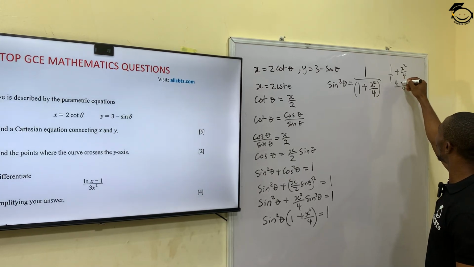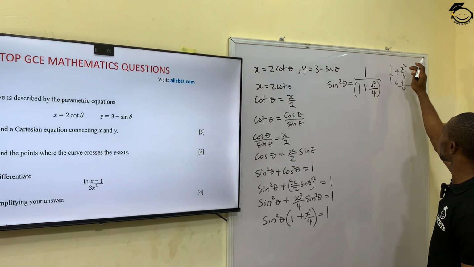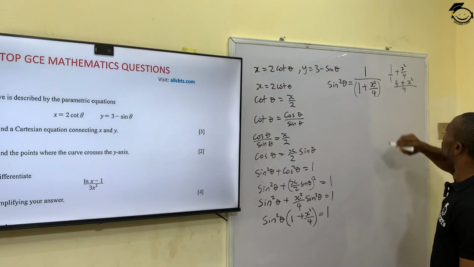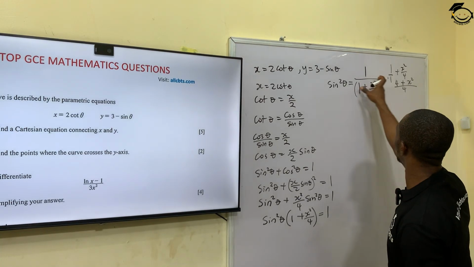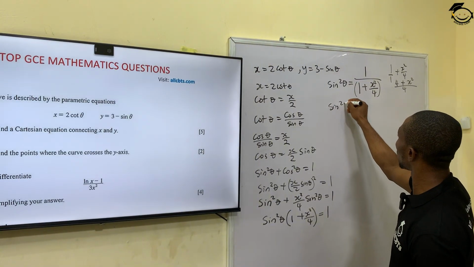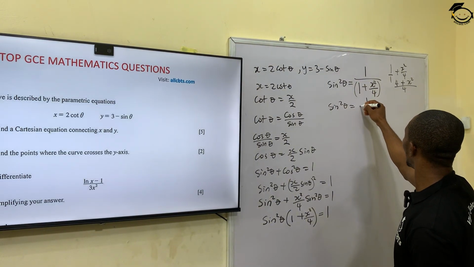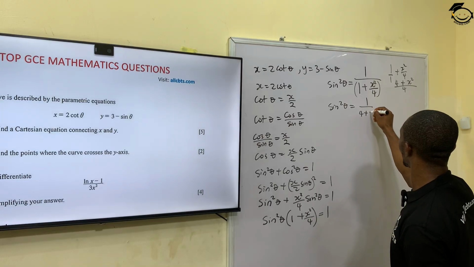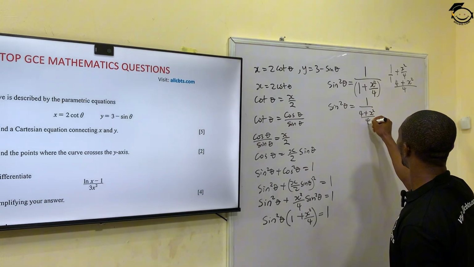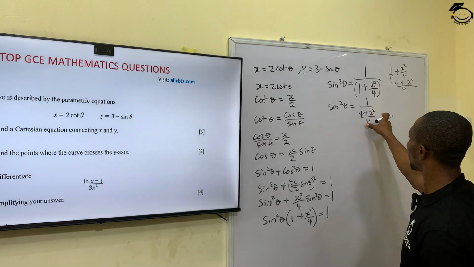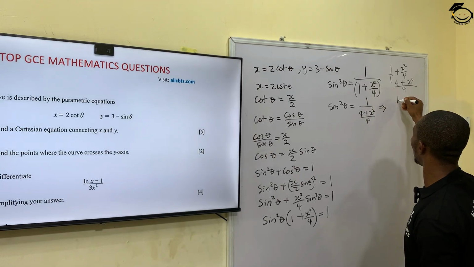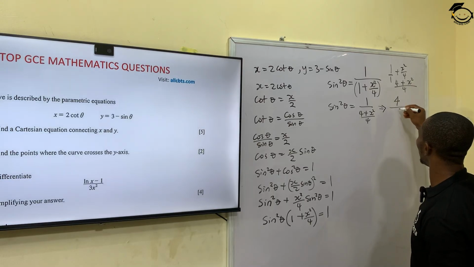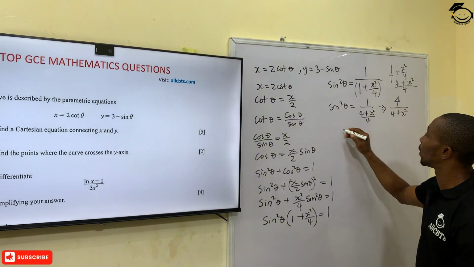This becomes 4 plus x squared, okay? Now, having this way, we can now replace this here as sine squared theta equals 1 over 4 plus x squared over 4, okay? Doing our multiplicative inverse here will give us our answer as 4 all over 4 plus x squared.